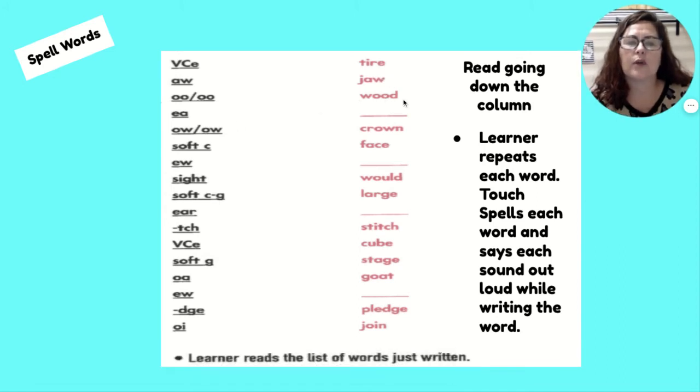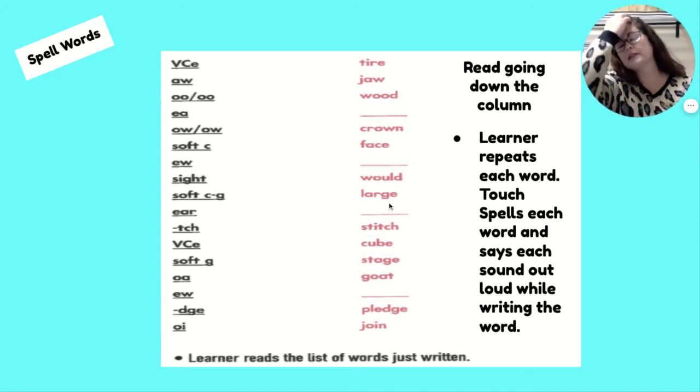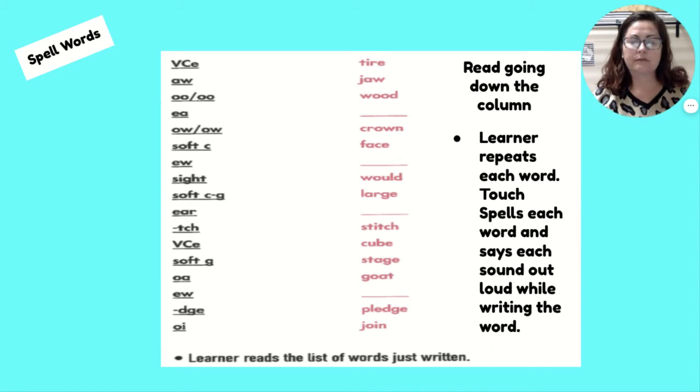Check over your words. Are they spelled correctly? If you have an error, cross it out, don't erase, and write it correctly now. Okay, when you're done making any corrections you need, read the words from this list out loud.